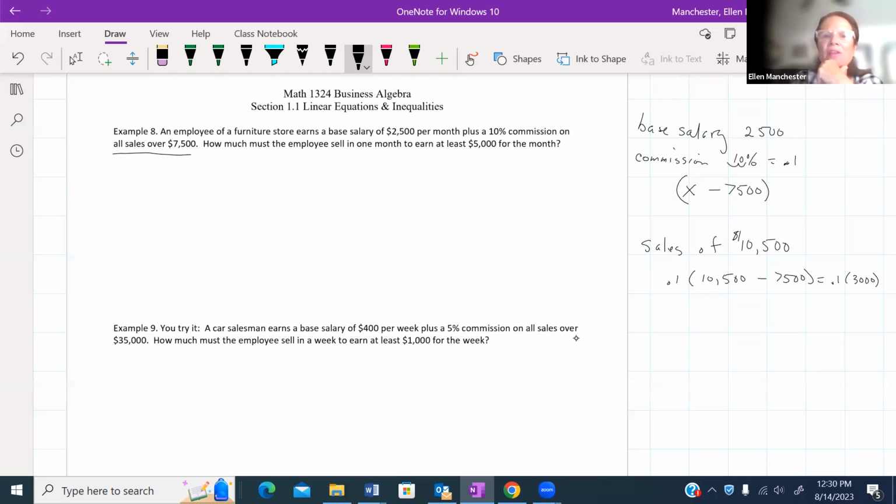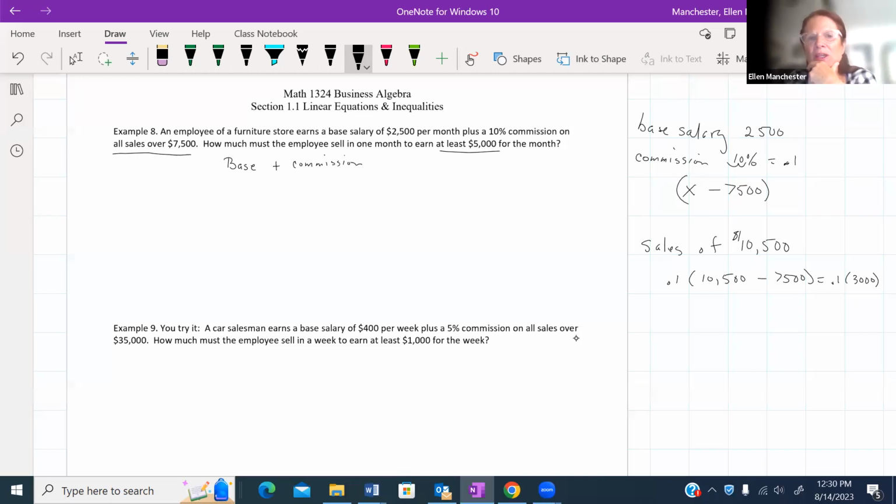All right, so these functions or equations or inequalities, especially when it comes to commission, the basic setup is your base value plus your commission. And we want to make at least $5,000.